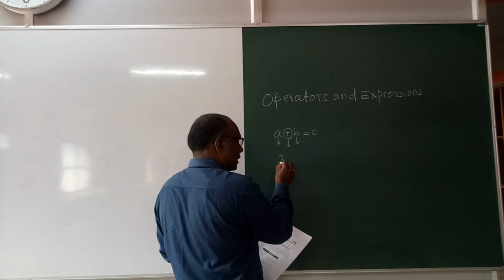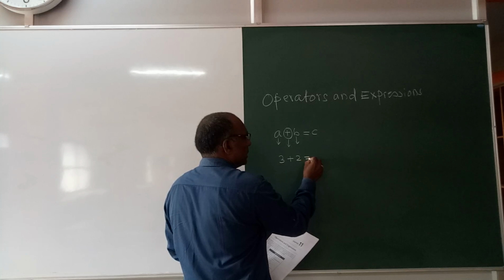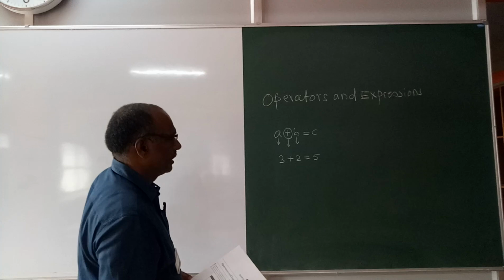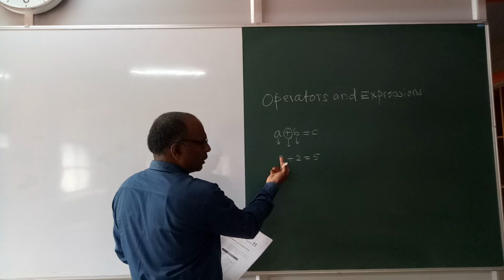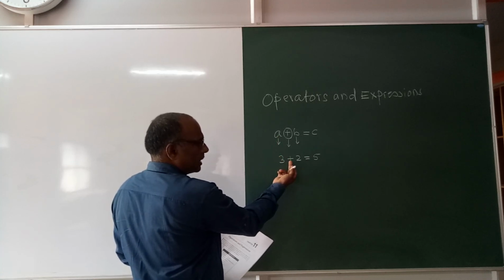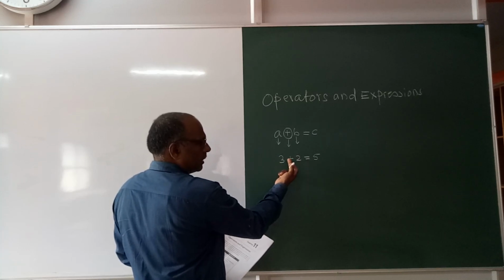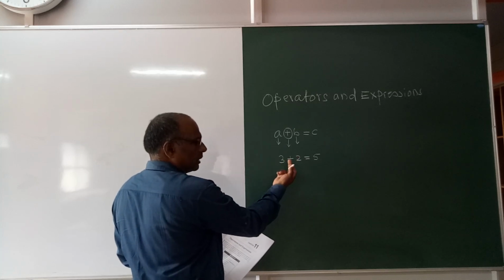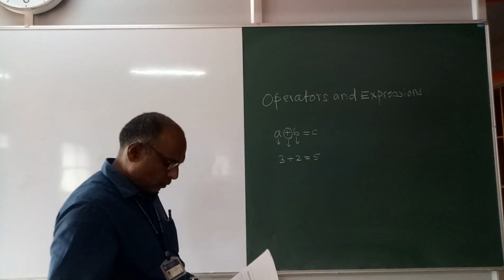Say a is equal to 3 and b is equal to 2, then a plus b will be equal to 5, that is an integer. The value of the variable or the integer is called the operand, and this is called the operator. Here it is a single operator and the operands are 2. This operator operates on the operands. Hope you got this.